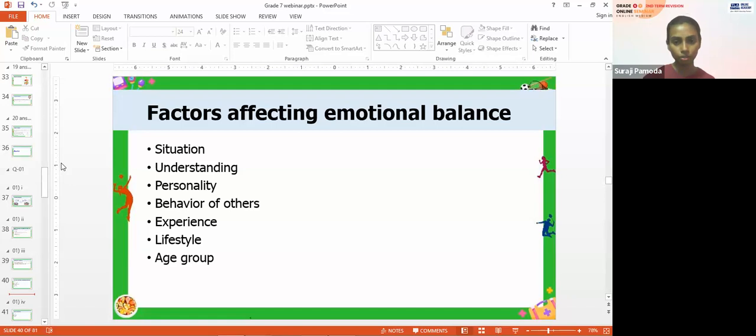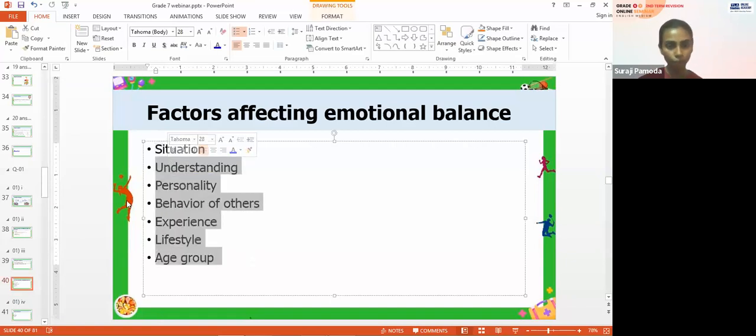One person's emotions can be affected by the other people's also. That is why here behavior of others is also a factor. And then past incidents like experiences, and then their lifestyles and age group. Okay, so we can compare like 1-year-old child and a 20-year-old person. Their way of balancing their emotions are different, right? Okay, so you can write 2 from here.